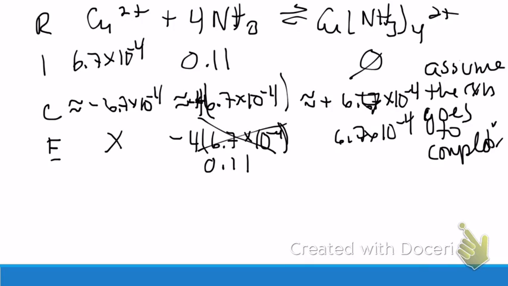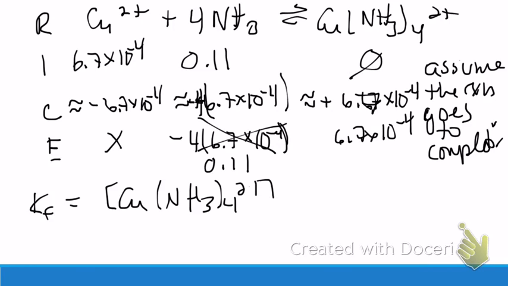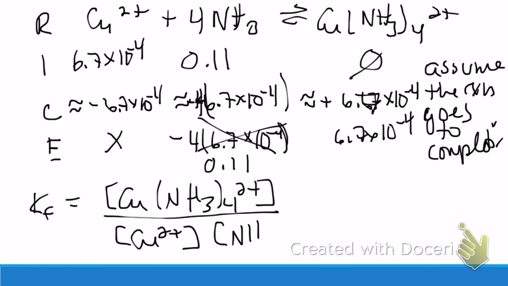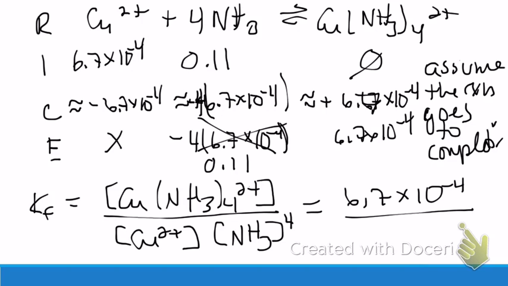So our equilibrium values can then be plugged into our expression for Kf. We would have our products over reactants, so our complex ion concentration divided by the concentration of copper times the concentration of ammonia, of course raised to the 4th power, and then we would plug in our equilibrium values there. So 6.7 times 10 to the negative 4 over X times 0.11 to the 4th.